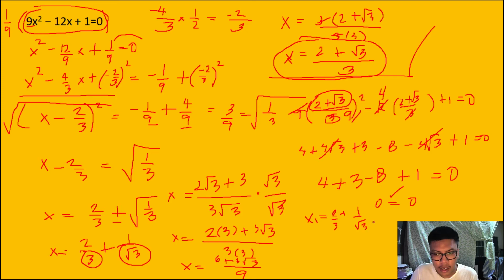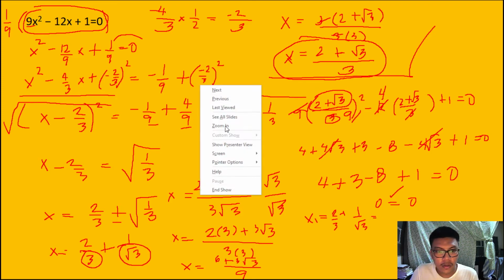Di ba dyan ka nanggaling? Then naging ganito siya. 2 plus square root of 3. Maganda pa i-solve natin. Okay, so di ba meron kang 2 over 3 plus 1 over square root of 3. Yan yung ating x sub 1.